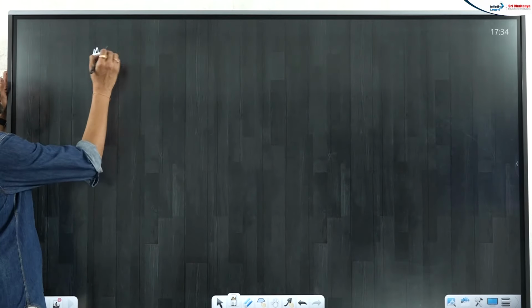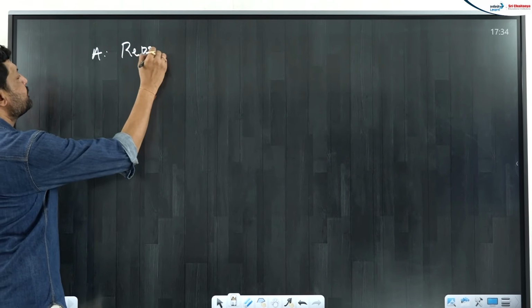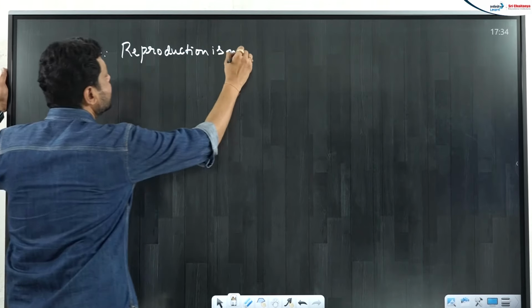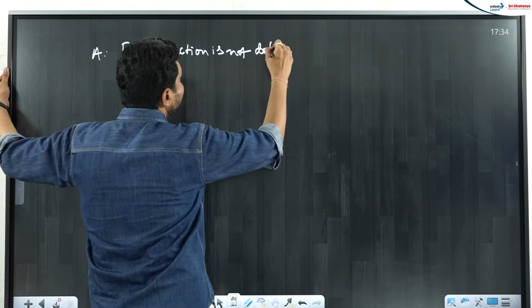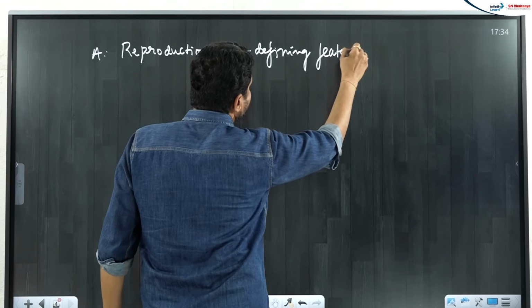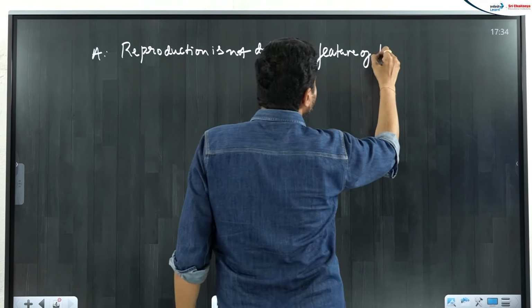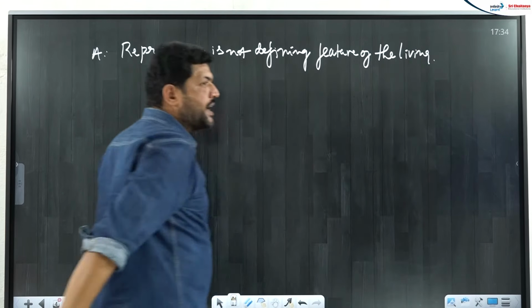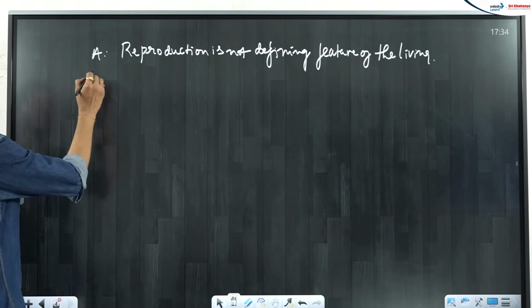So assertion: reproduction is not a defining feature of the living. Students, can you mention the correct reason?